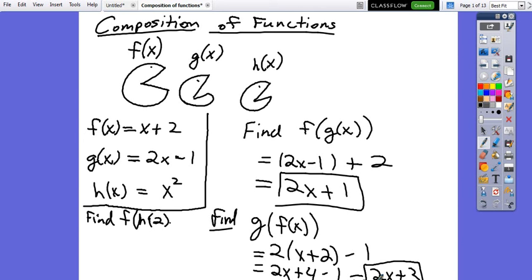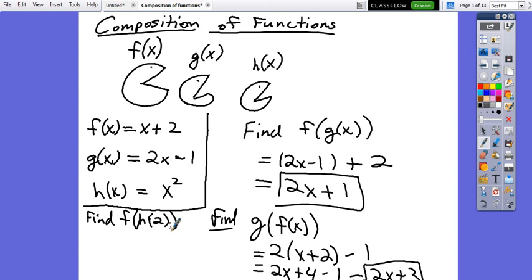Now, we can go a step further. We can actually plug in a number for x in order to get an actual number for our answer. So look at this. It says find f of h of 2. There are a couple ways we can go about this.